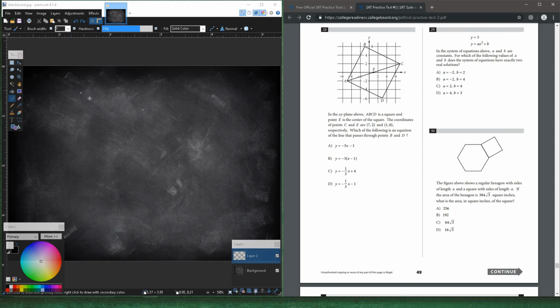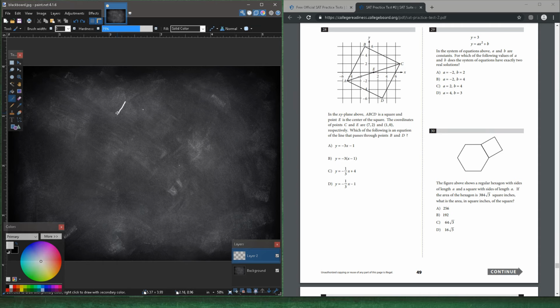The area of an equilateral triangle is A squared times square root 3 divided by 4. You might want to memorize it, or not. It doesn't really matter. There are 6 of them, so you multiply this by 6, and that's equal to 384 square root 3.